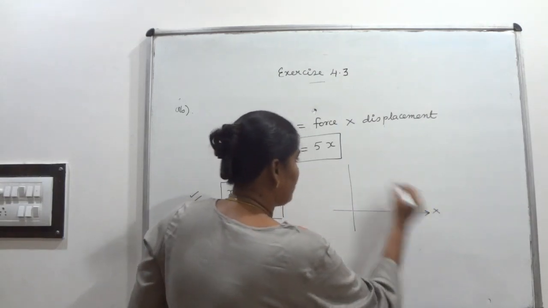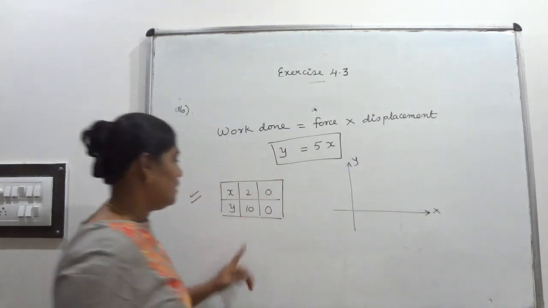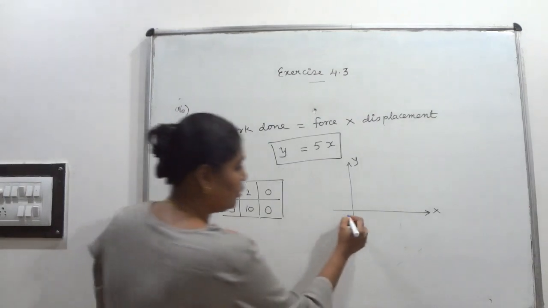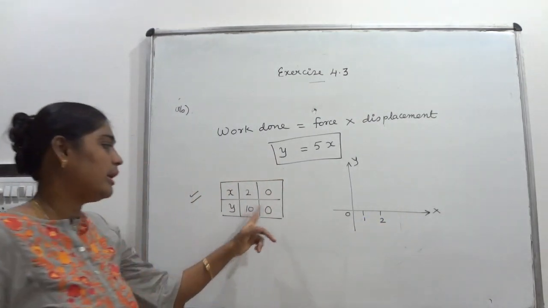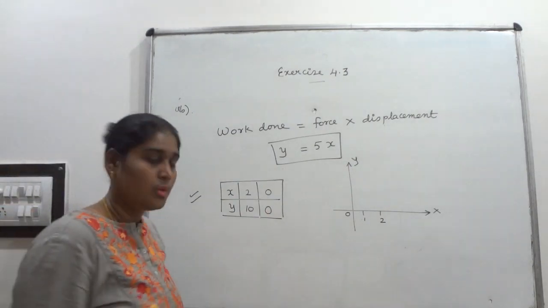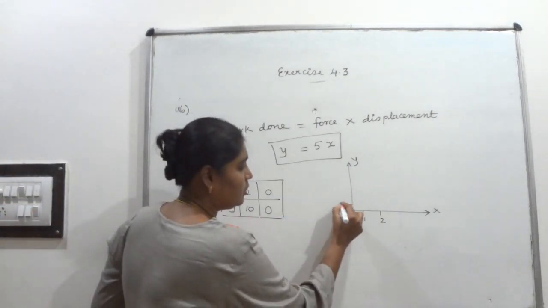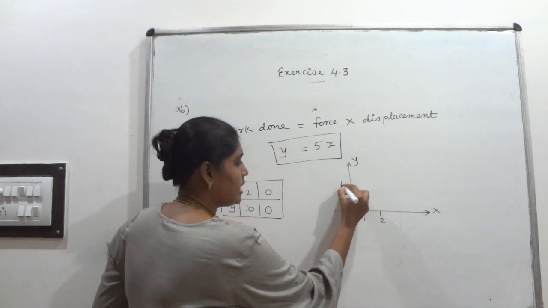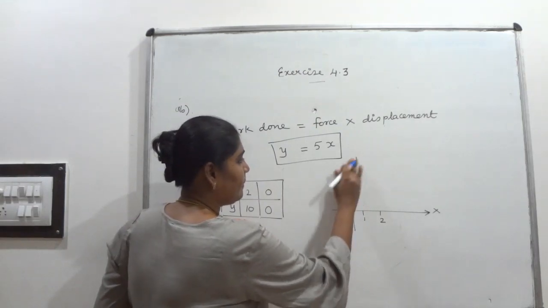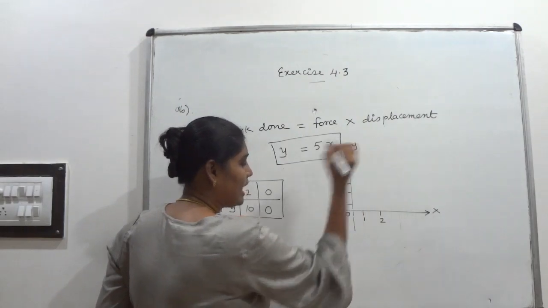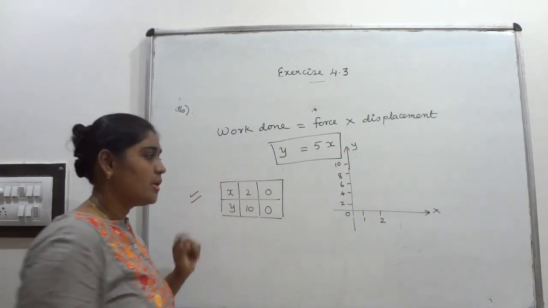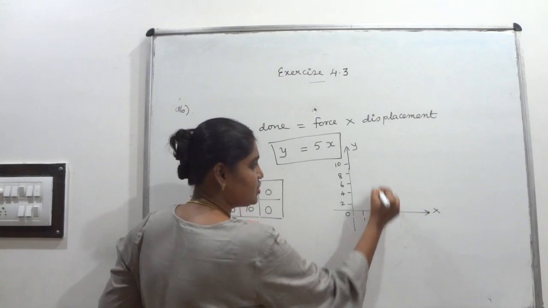Check that x and y values. X is 2, 0, up to 2 only it is moving. So 1 and 2 I have taken. Here 10 and 0. In that, 2, 4, 6, 8 and 10 I am taking in the y-axis. 2, 10: 2 in the x-axis, 10 in the y-axis.